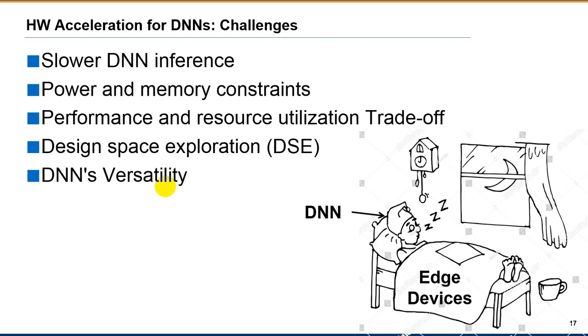And another thing is DNN versatility. Versatility means that we should make DNNs which are capable of running many applications rather than a single one.